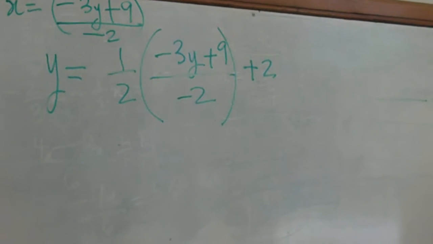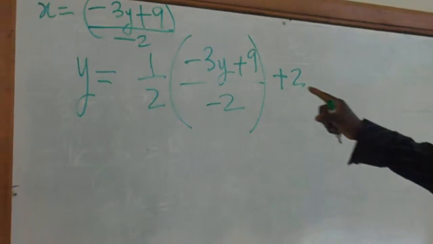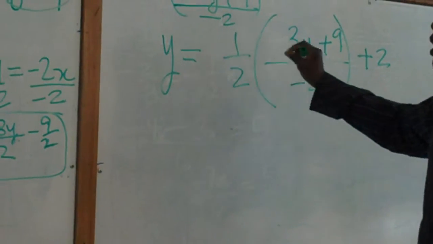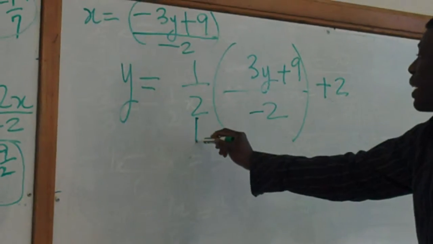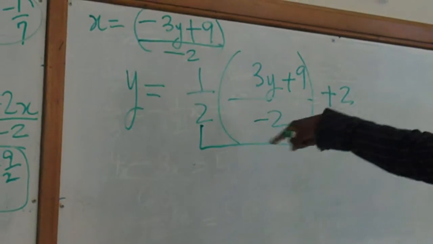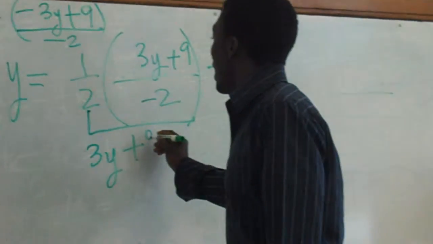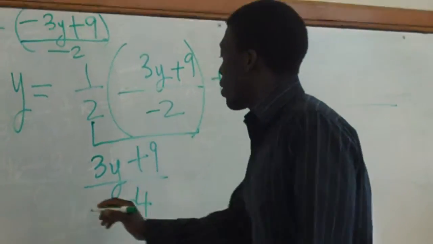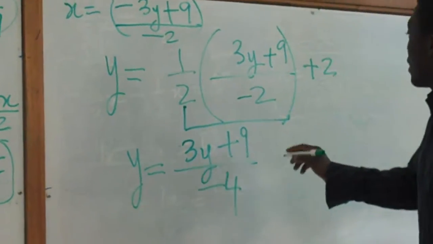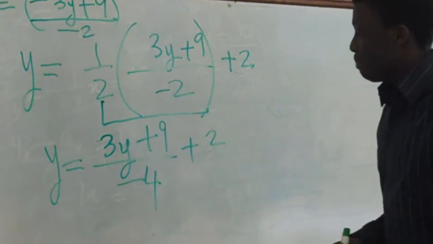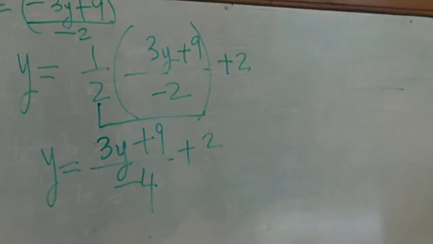The next step is you distribute this in. When a half goes in there, all we have is 3y plus 9 over minus 4. So y is equal to that plus 2. At this point, there are several things we can do.